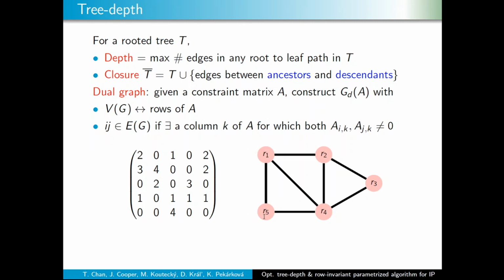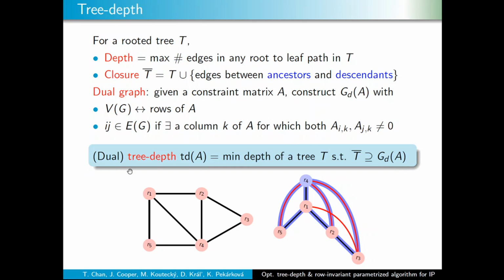Analogously, there is no edge between vertex R5 and R2, because when I look at row 2 and row 5, there is no column that simultaneously has non-zero values in those rows. Good.